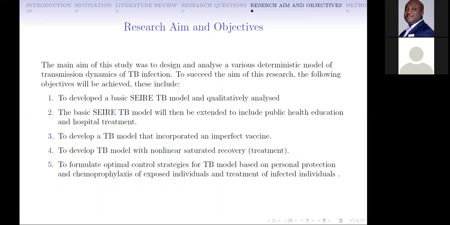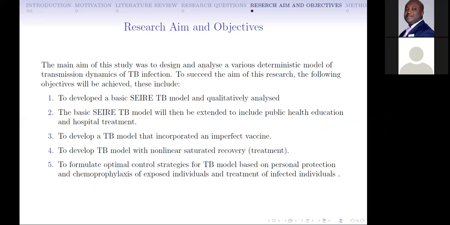Research aim and objectives. The main aim of this study was to design and analyze various deterministic models of the transmission dynamics of TB infection. To achieve the aim of this research, the following objectives will be met. Number one, to develop a basic SEIR TB model and qualitatively analyze it.